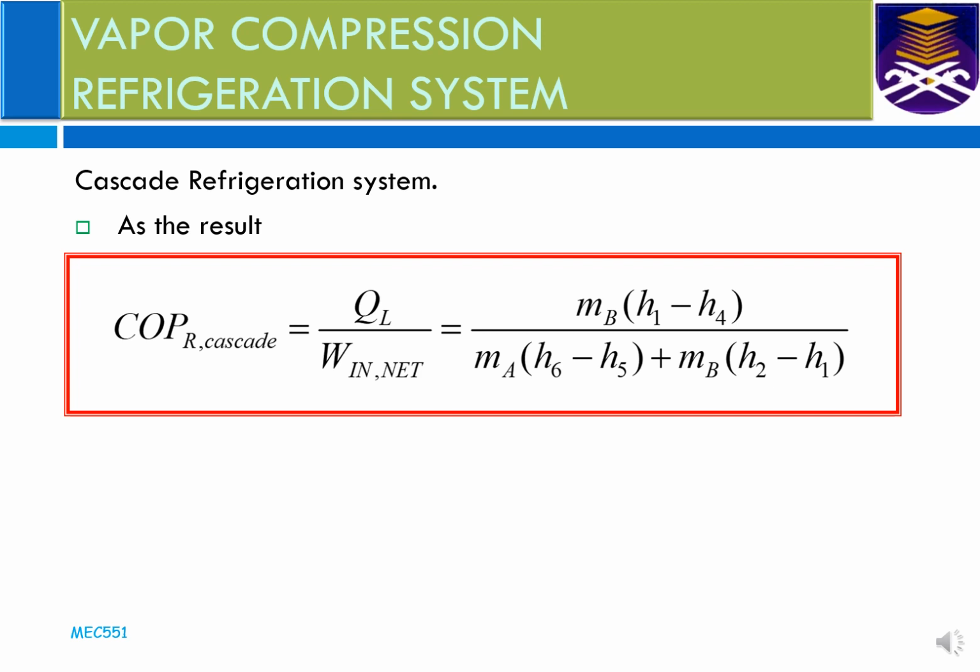From the temperature entropy diagram before, you have seen that the rate of heat transfer from the evaporator has increased, and the net work, or the power required for the compressor, has decreased. So we are expecting the coefficient of performance of the cascade cycle to increase.